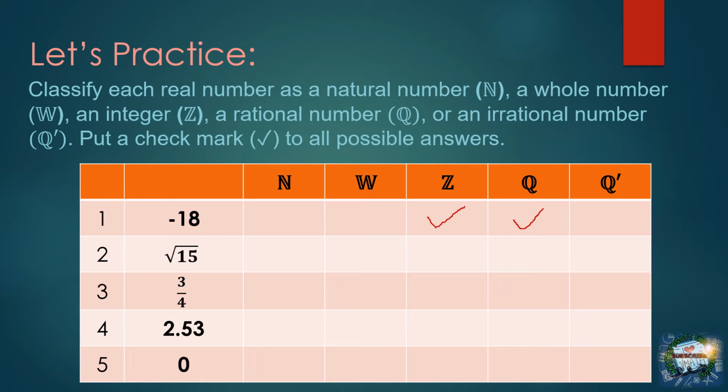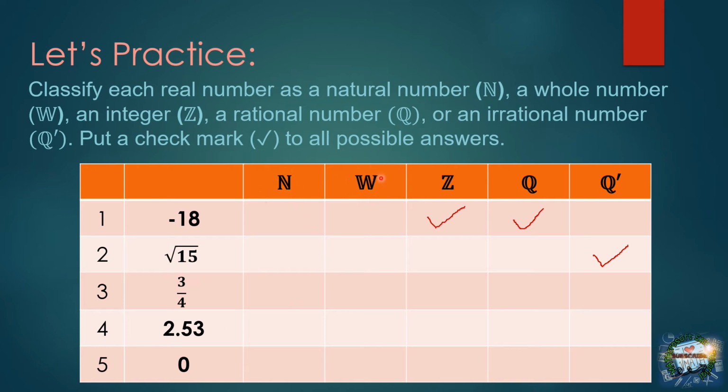Let's have number 2: square root of 15. 15 is not a perfect square. So it's not a natural number, not a whole number, not an integer, and certainly not a rational number. It's an irrational number. Sana nakuha nyo. How about 3/4? Is it a natural number?